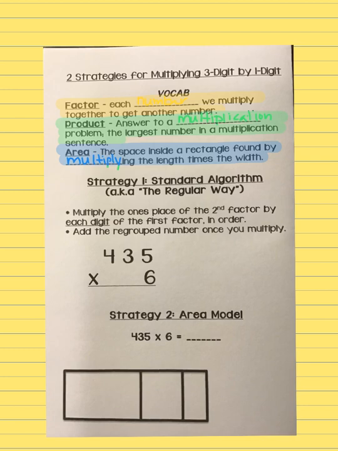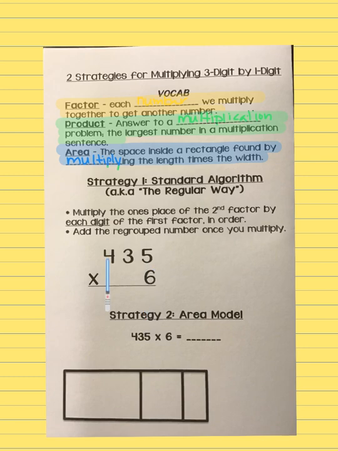When we use 3 digits on the top by 1 digit, notice that our ones place is still lined up right under the other ones place. Our 6 doesn't go over here or over here. It comes over here because it's just 6 in the ones place.